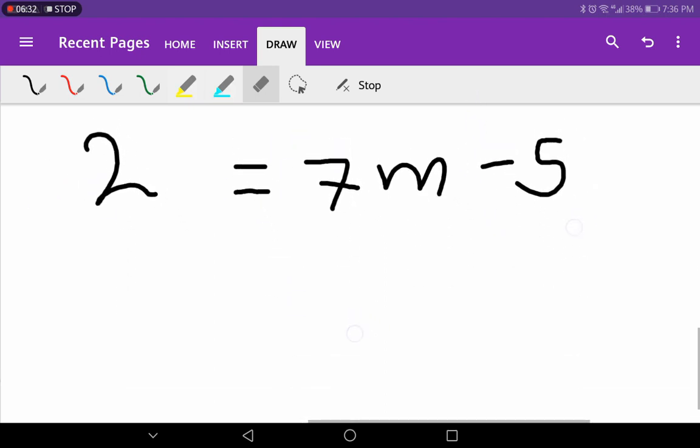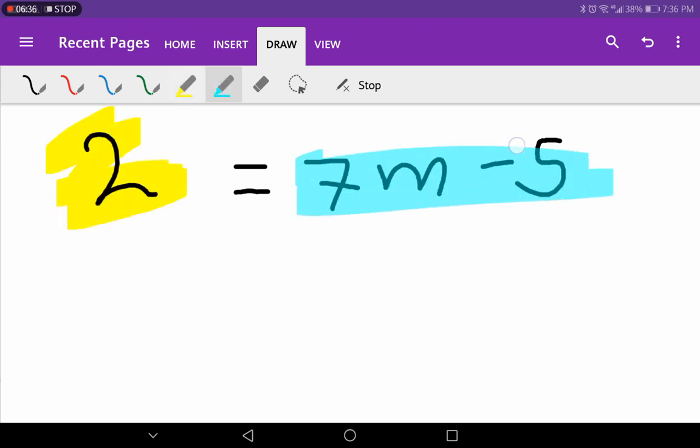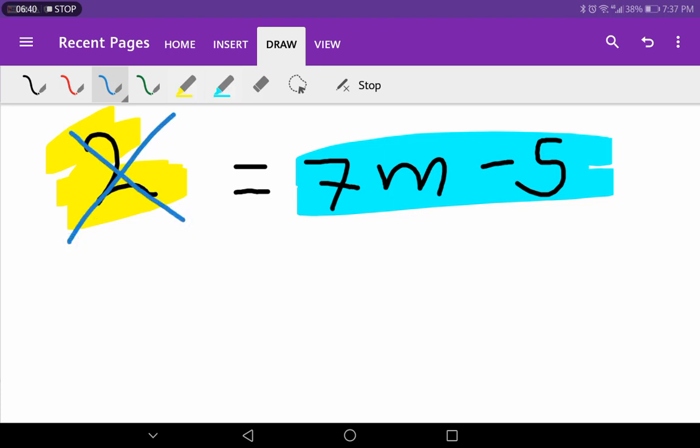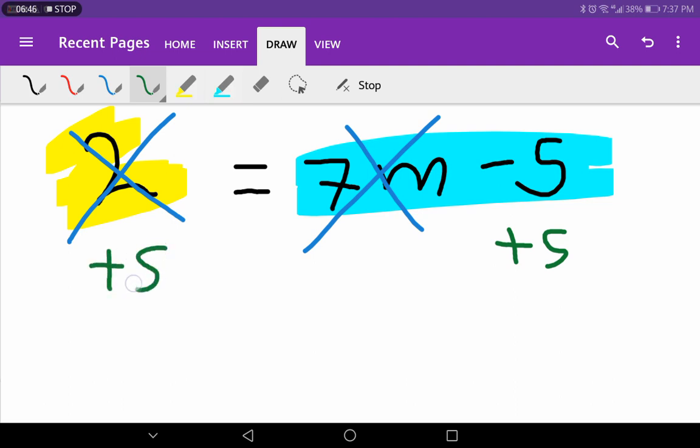Now I have a left side and a right side. You have to add 5 as the first step, plus 5. Okay, my dear student, so this is the first step.